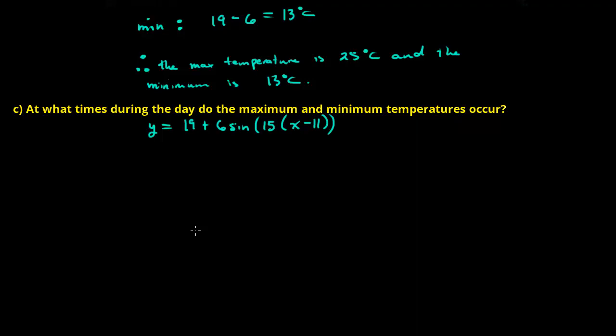So we know that sine of theta has a maximum when theta is equal to 90 degrees. So that means that this function has a maximum when sine of 15 times x minus 11 is equal to 90.